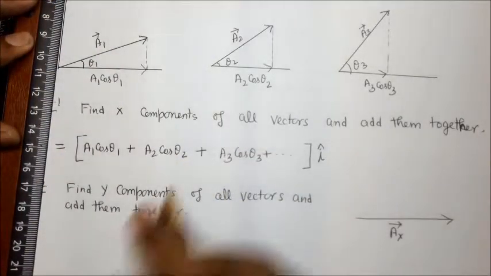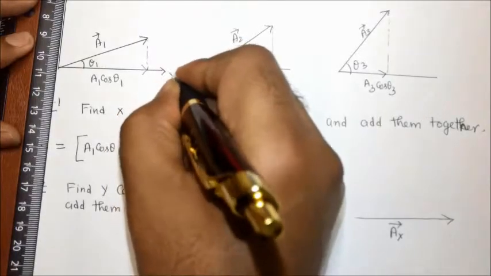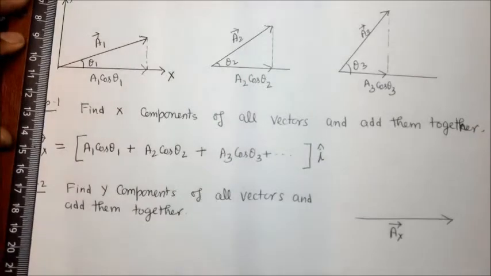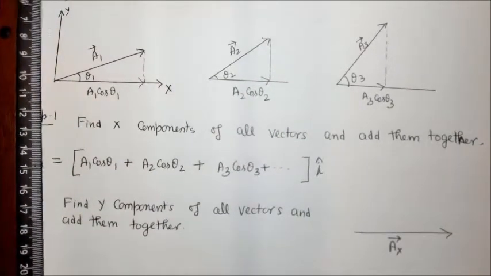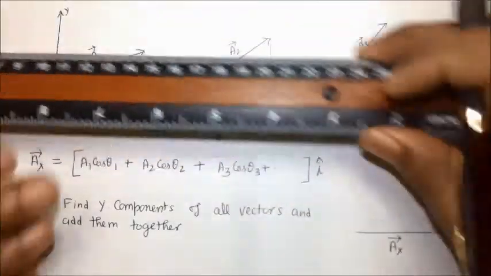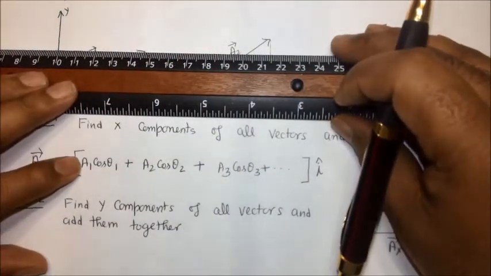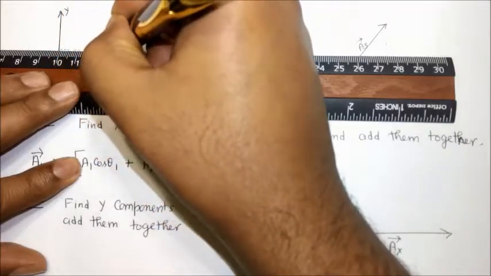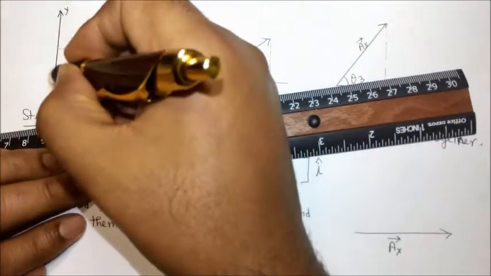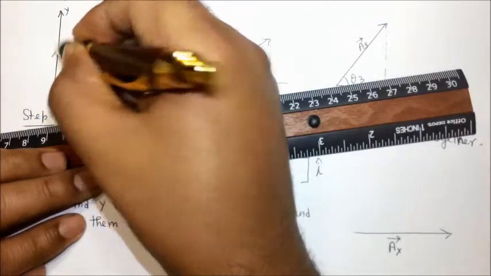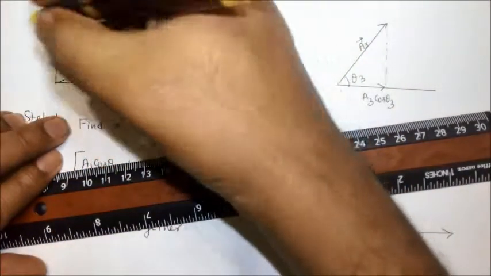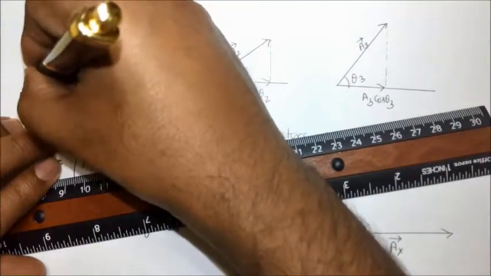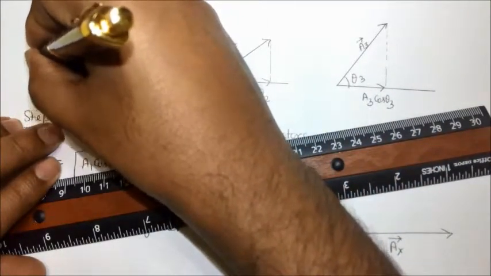This is going to be your y-axis, this is your x, and this is your y. If you project this vector along the y-axis, from here to here, this is going to be A1 sine theta 1.